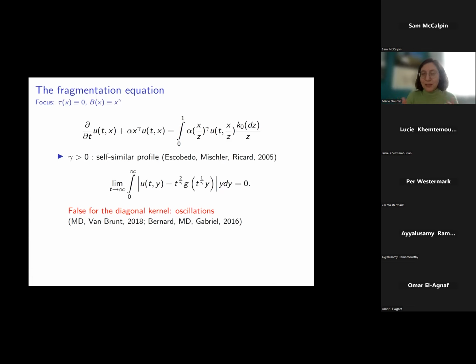What I mean is, as time goes on, if you look at the distribution of polymers, it happens that if you rescale it properly, it is what is written here, this rescaling t power 2 over gamma, g of t power 1 over gamma y. If you rescale it properly, it happens that there is a steady profile which appears.